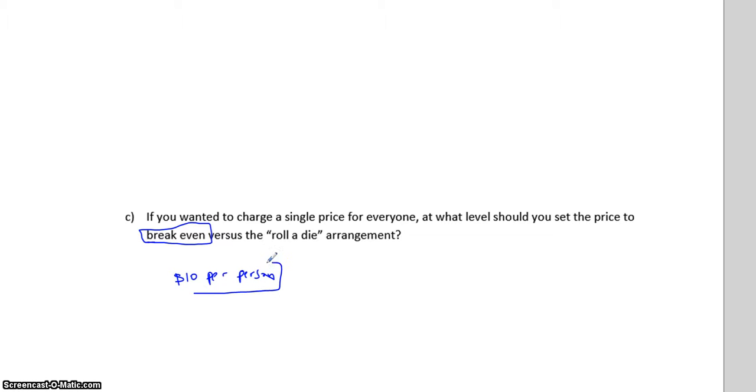And that would be essentially break even, because with the old approach, we were expecting to make $10 per person, and if we did it for long enough and had enough shows, that's what we would make. But if we didn't like that volatility, we would go ahead and just break even versus 10. And that's often what this expected value is used for, to figure out what this break even fixed price is. So you can trade off uncertainty for something fixed.